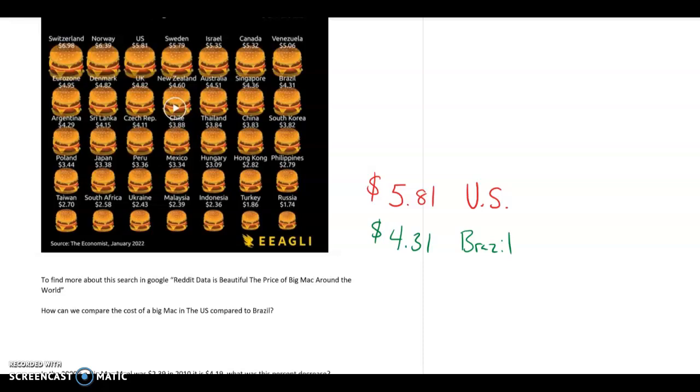One way we could say it is how much less it is. We could simply take the difference between the two: $5.81 minus $4.31. It's $1.50 less.